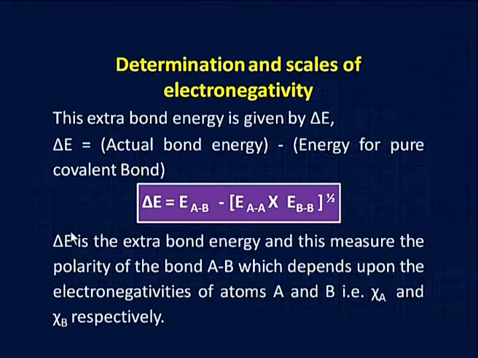So, delta E is the extra bond energy, and this measures the polarity of the bond AB, which depends upon the electronegativities of atom A and atom B, that is chi A and chi B respectively. So, this extra bond energy reflects the electronegativities of the atoms A and B.